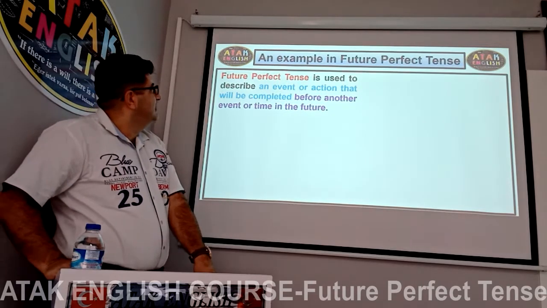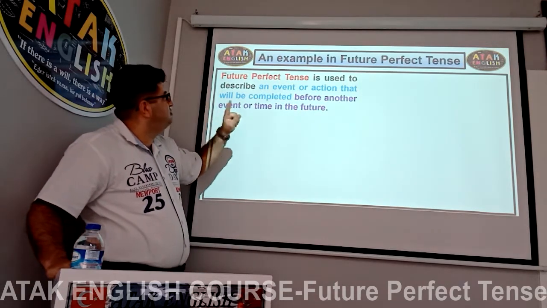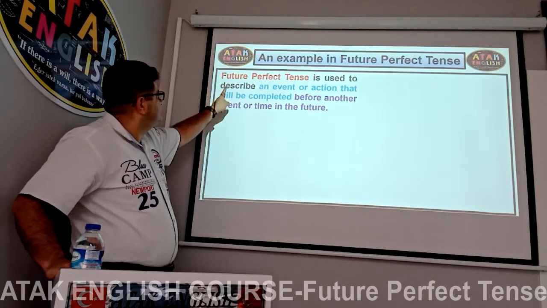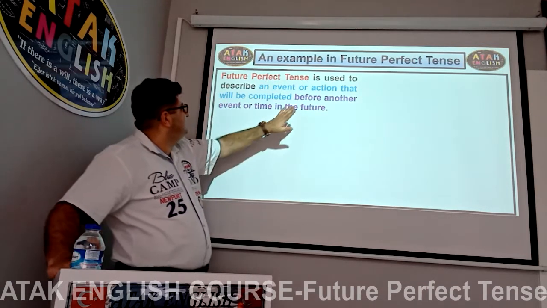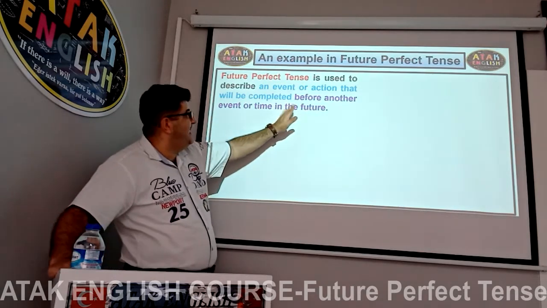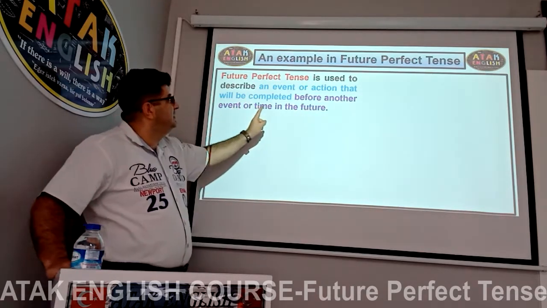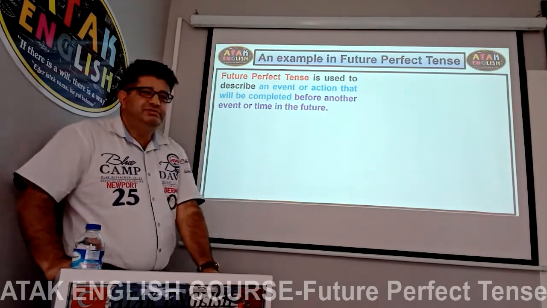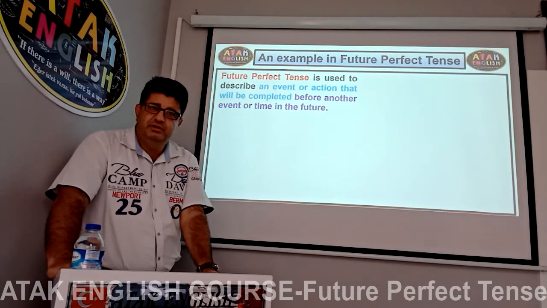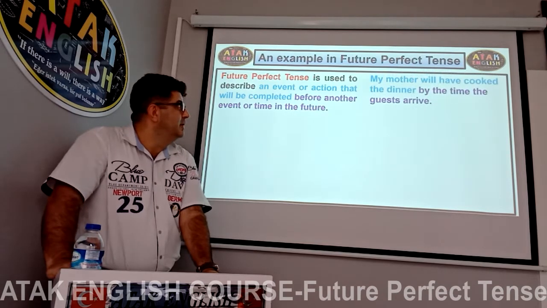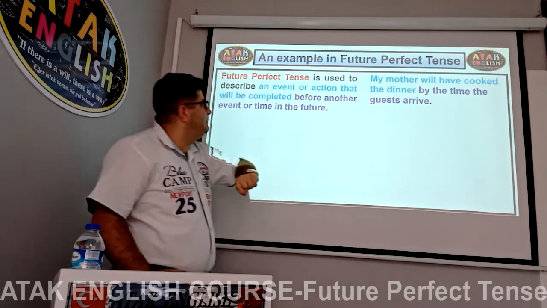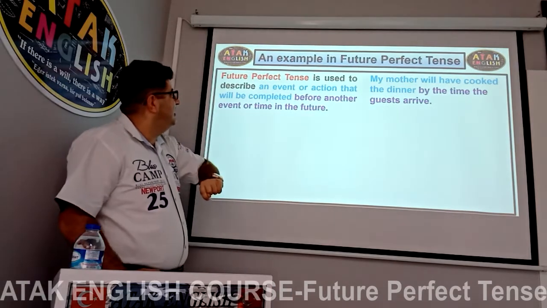All right, let's have a look at again the future perfect tense usage with an example. Here comes the definition again. Future perfect tense is used to describe an event or action that will be completed before another event or time in the future. Let's see the example. My mother will have cooked the dinner by the time the guests arrive.